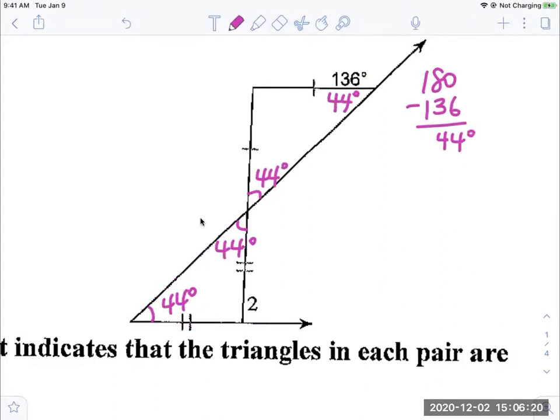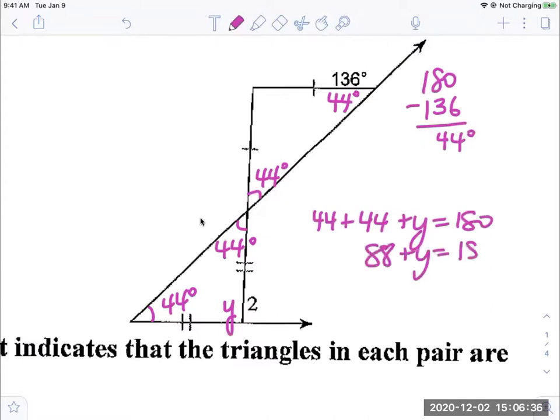Okay, and then I'm going to put y there to figure out that angle measure. There are 2 different ways you can do this, but one way is to say those add up to 180 in the triangle. So that's 88 plus y equals 180. And y would be 92.